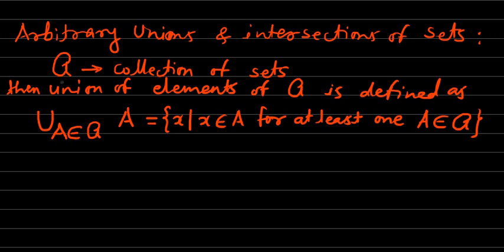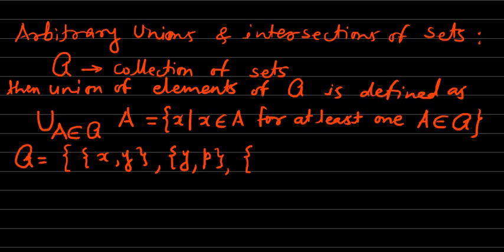For example, suppose the collection script A consists of these elements. The first element is suppose X, Y. The second element consists of two members, Y and P. The third member consists of only one element, Z. The next element consists of three members X, Y and R.